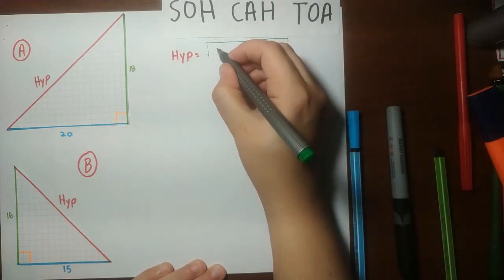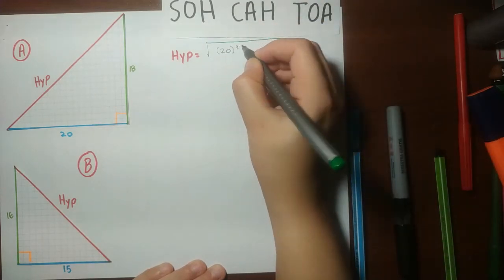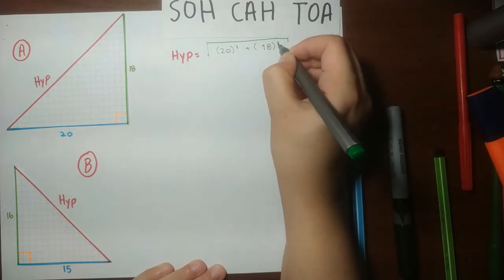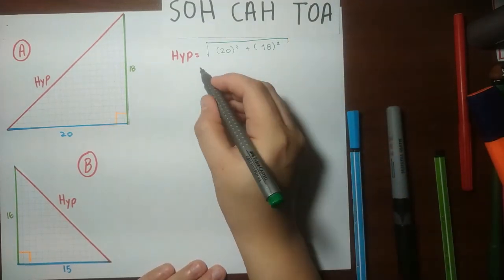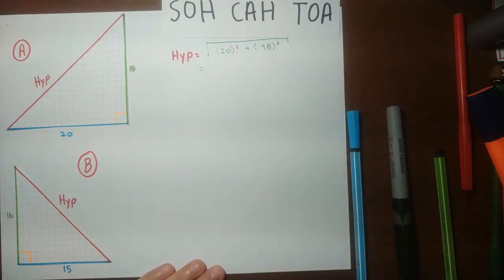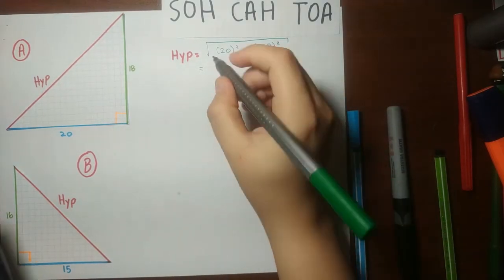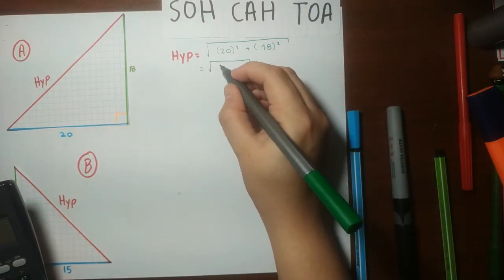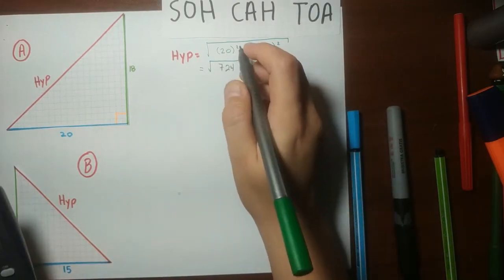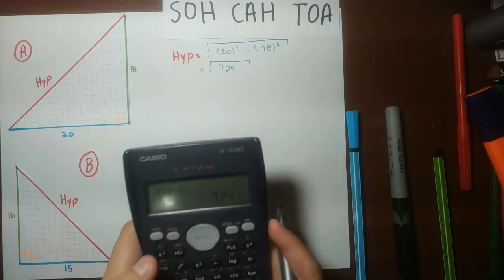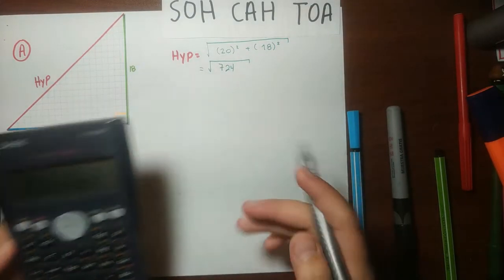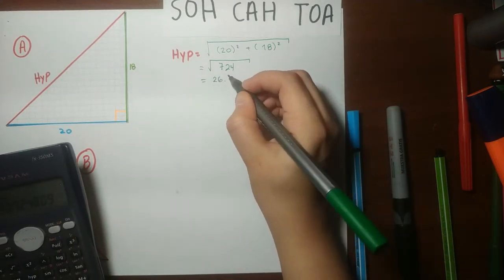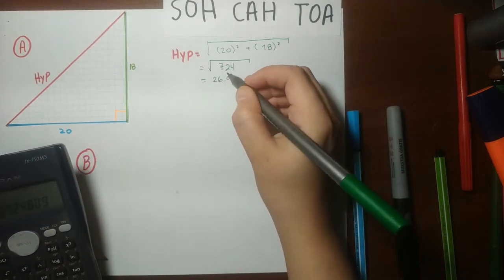So this will be 20 to the second power plus 18 to the second power. Do the math. Square root of 724. Then get the square root of your answer. And voila, my hypotenuse measures 26.91 rounded.